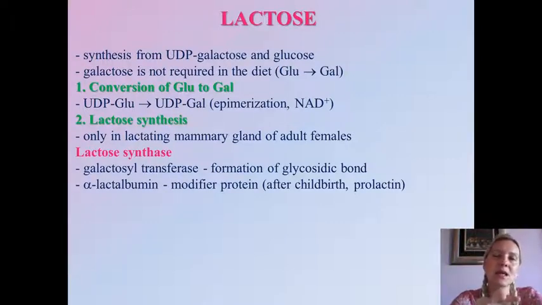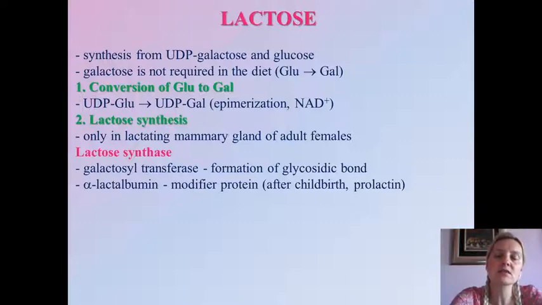Notice that for lactose synthesis, galactose is not required in the diet because glucose can be converted to galactose, and actually that is the first step of this synthesis. So UDP-glucose, activated glucose, can be converted to UDP-galactose by the action of that specific 4-epimerase with the involvement of NAD as an intermediate.